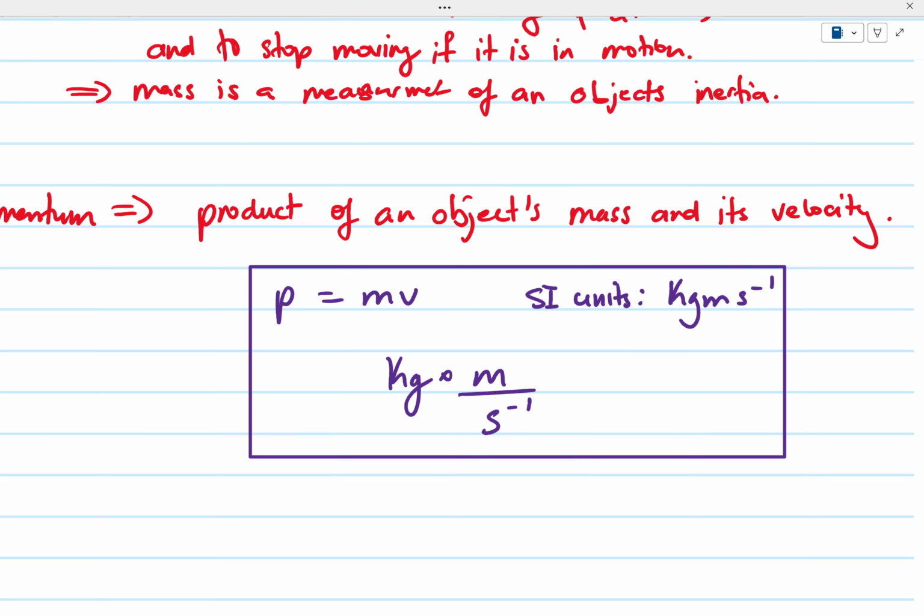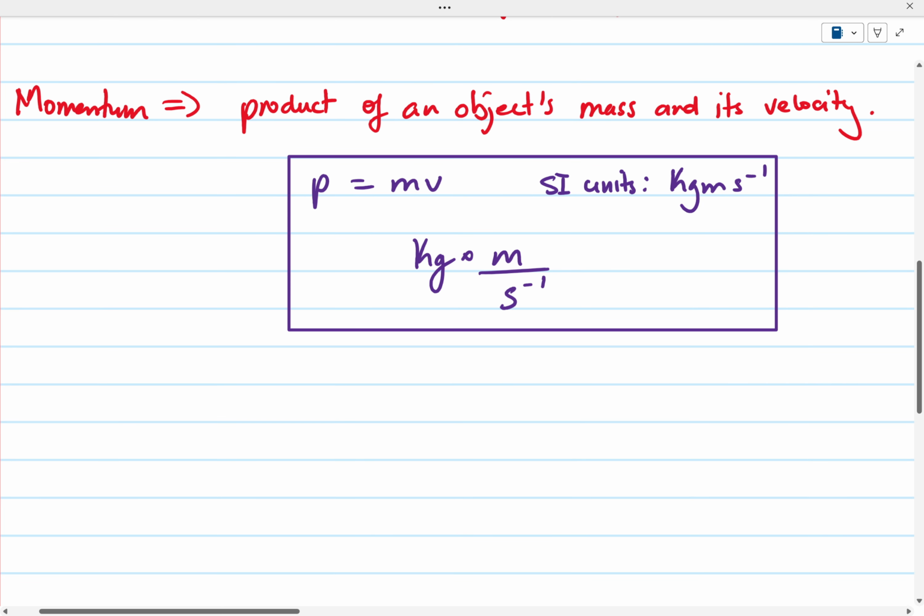So let's say that a car of 500 kilograms is moving at 10 meters per second. So object A is 500 kilograms and is moving at 10 meters per second.